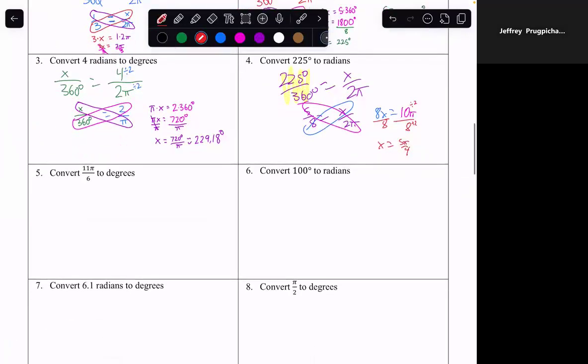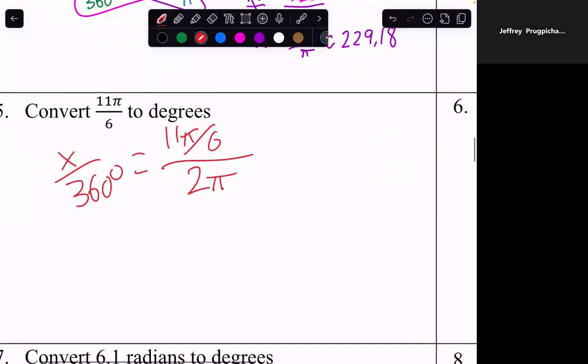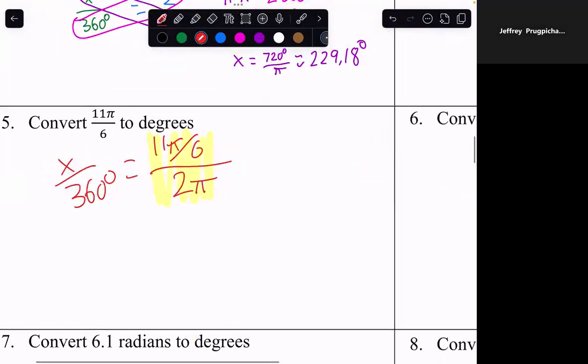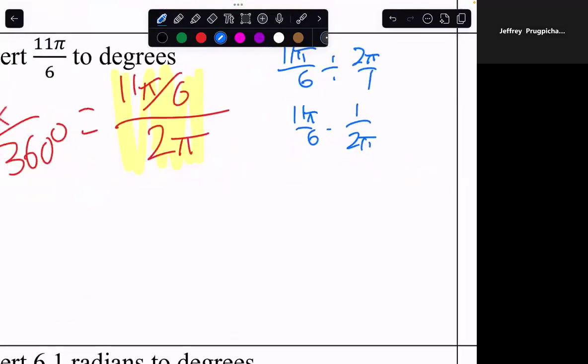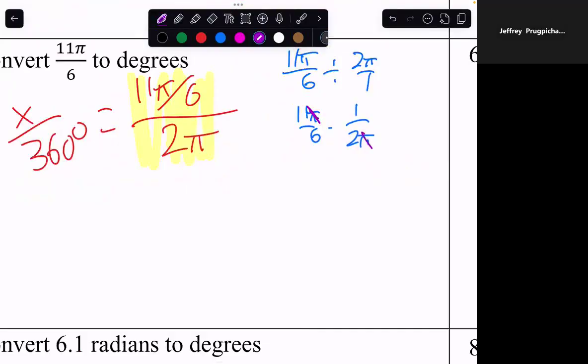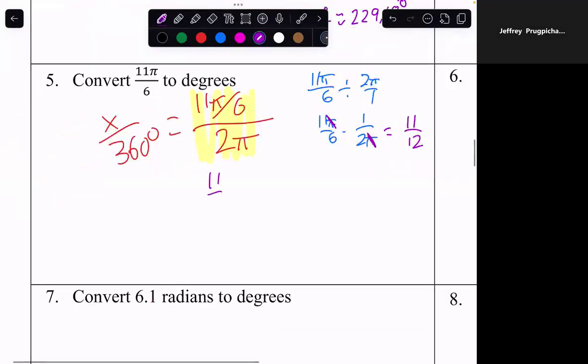Okay, so this next one, x over 360 degrees equals 11 pi over 6 all over 2 pi. I would definitely try to simplify this side first. Again, it helps to write it sideways, and then you can multiply by the reciprocal. So the pi's cancel out, leaving 11 over 12 as the fraction.